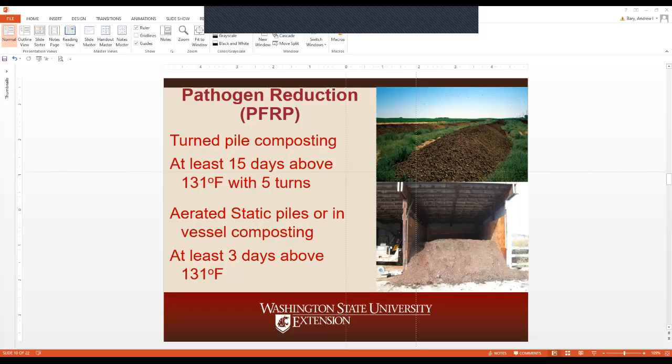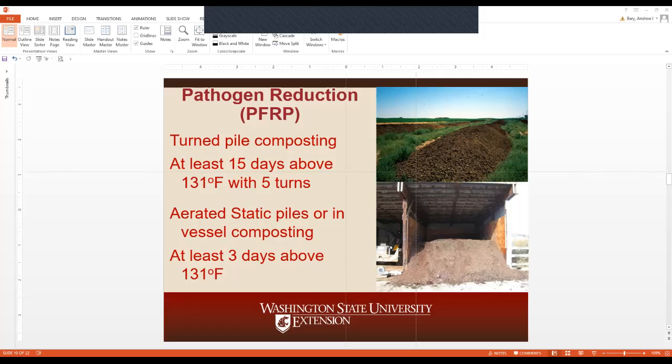In a turned windrow pile like we have up top here, you need to have 15 days above 131 degrees with 5 turns. It may take you 20 to 25 days to get 15 days above 131 degrees with 5 turns. They don't have to be consecutive, because sometimes when you turn your pile, you may get a drop in temperature for a day or two before it regains composting and comes back up above 131 degrees.